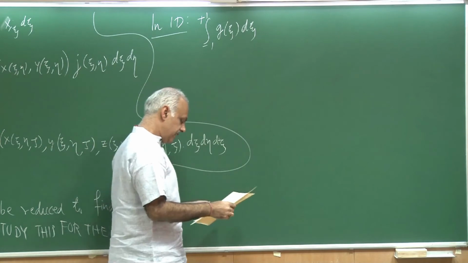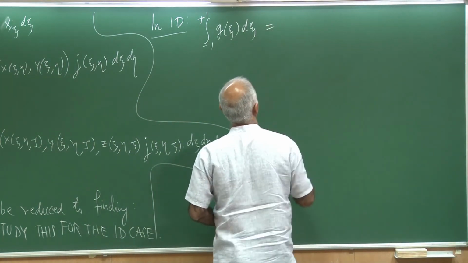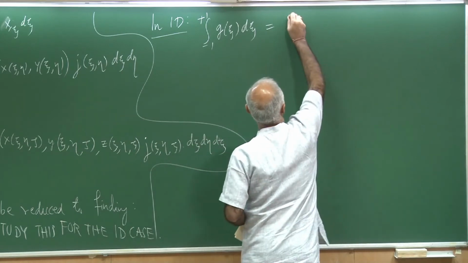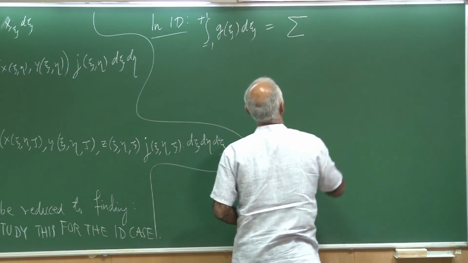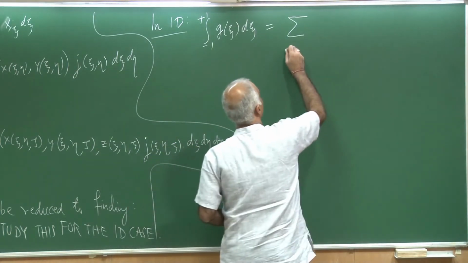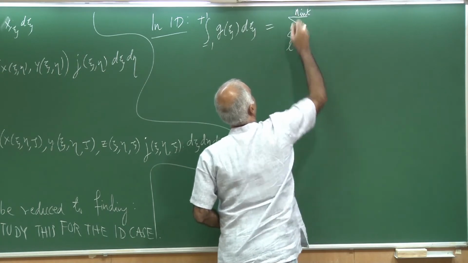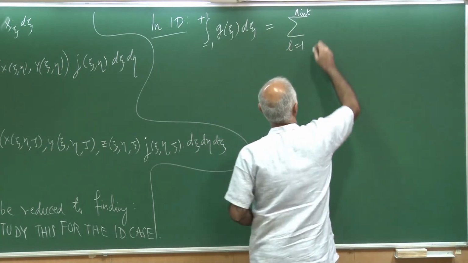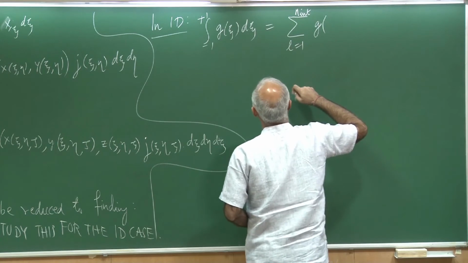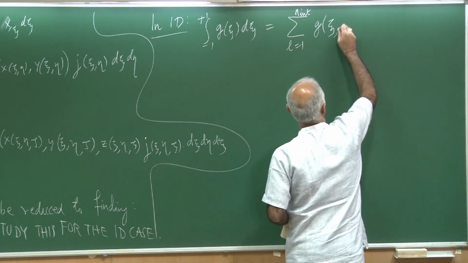And the proposal is that let us write this down as a concept in numerical integration. So I will replace the integral with the summation sign, where L goes from 1 to n int, and I will evaluate the function g at certain quadrature points.